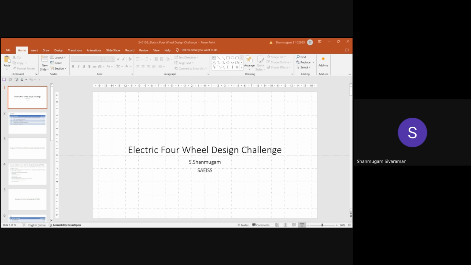If you look at the agenda, we have roughly about 5-6 slides. The first item is the purpose of this event, electric four-wheeler design challenge. What is the purpose? And what is the cost and the benefit of participating in this event? That is the second agenda item.